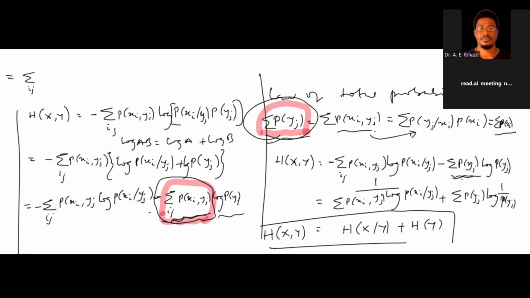Now, you see that this is the same as the equivocation plus the output entropy, which is the same as this. And this is what we pencil down as one of the chain rules, right?